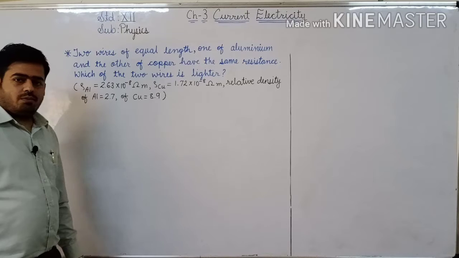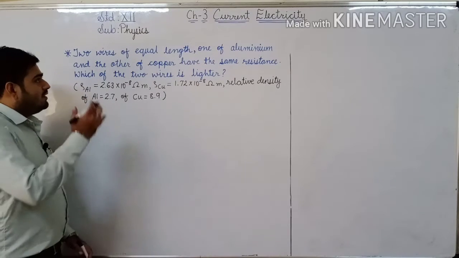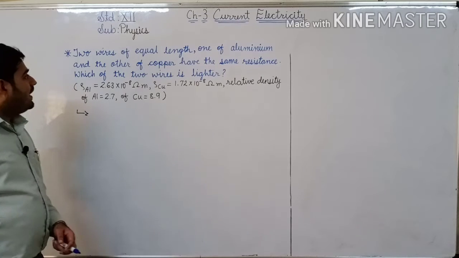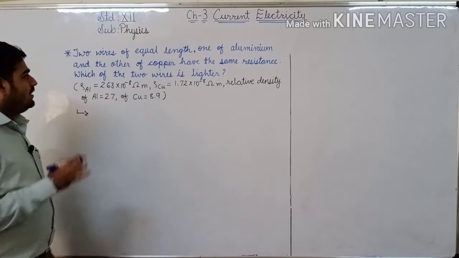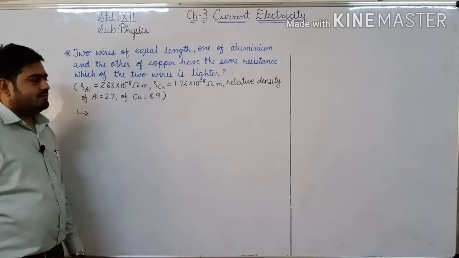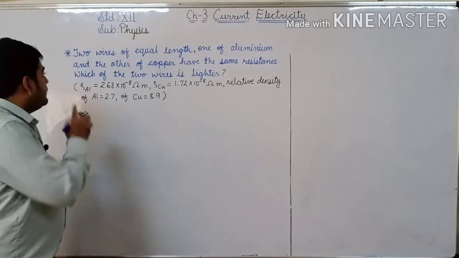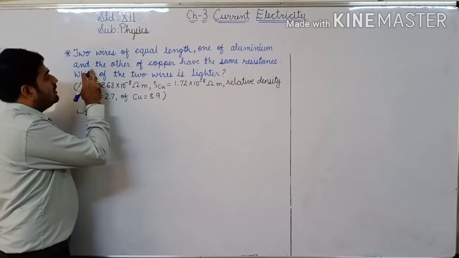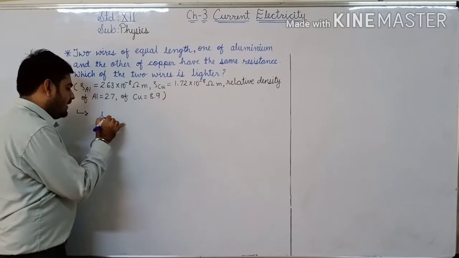Let us solve one problem related to current electricity. Two wires of equal length, one of aluminum and the other of copper, have the same resistance. क्या क्या दिया हुआ है? Two wires of equal length, मतलब length of copper wire and aluminum wire is same.